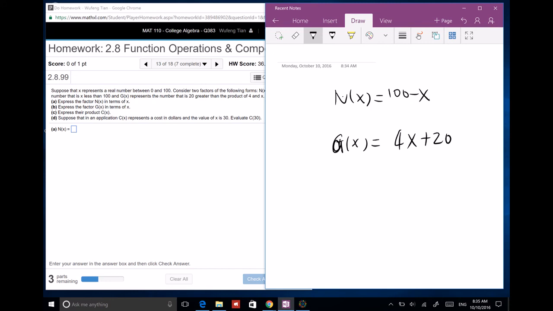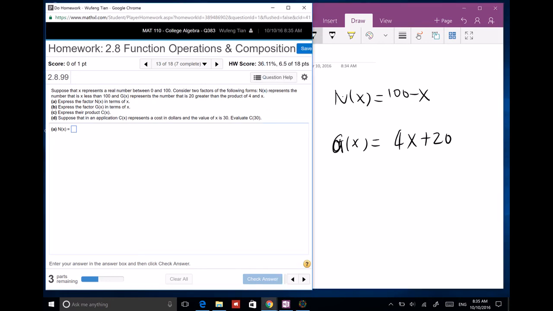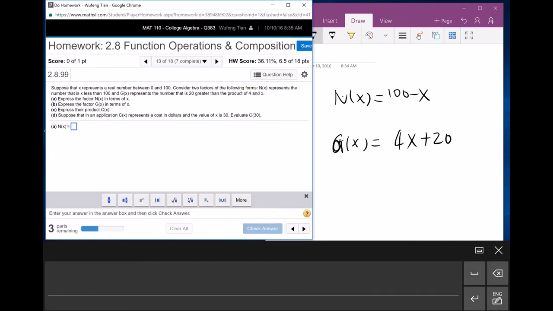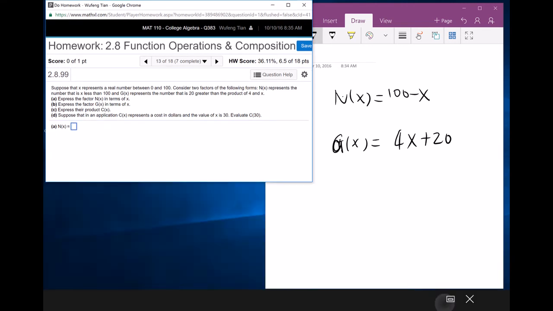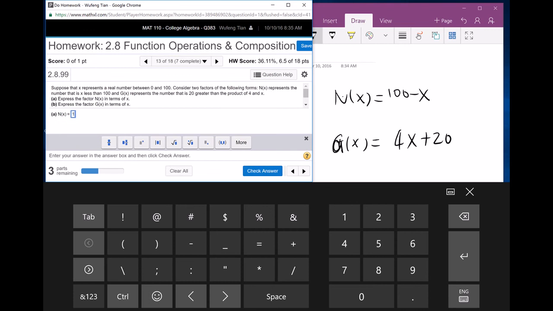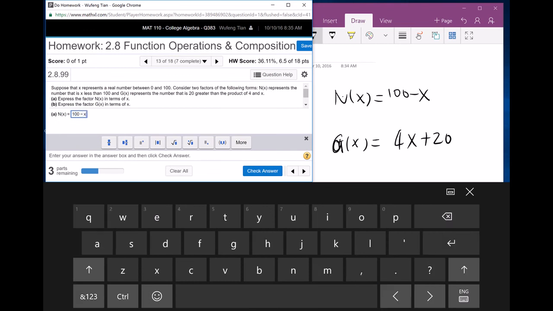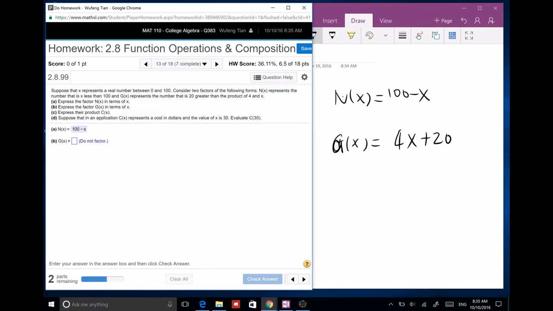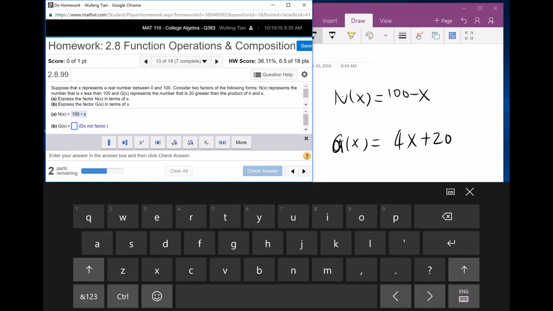And then express the factor N of x in terms of x. Okay, 100 minus x. G of x, you do 4x plus 20. It represents a number 20 greater than the product of 4 and x, yeah.